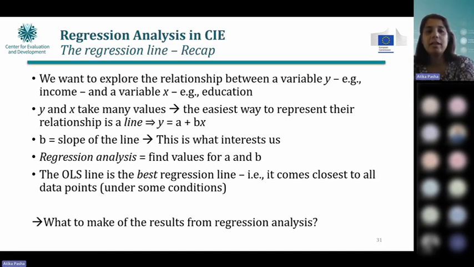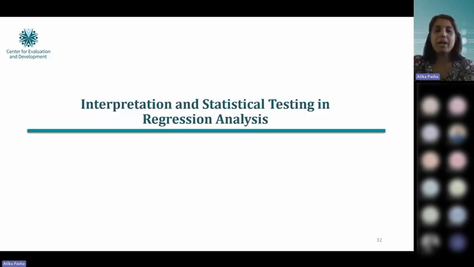And that effectively is what regression is all about. So now our question is how to make sense of the results from a regression analysis, or what to make of the results. So we try to go into the interpretation and statistical testing that we talked about yesterday and how it works within regression analysis.